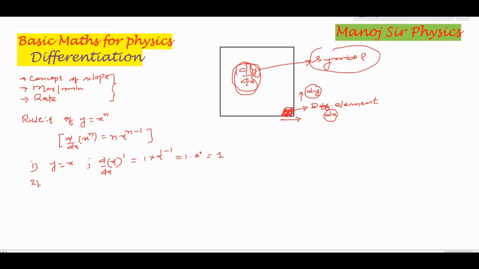Now second example, if y is equal to x raised to power 4. Again differentiate it. dy by dx of x raised to power 4. It means n is 4 here, so n times x raised to n minus 1, that is 4 into x raised to 4 minus 1.